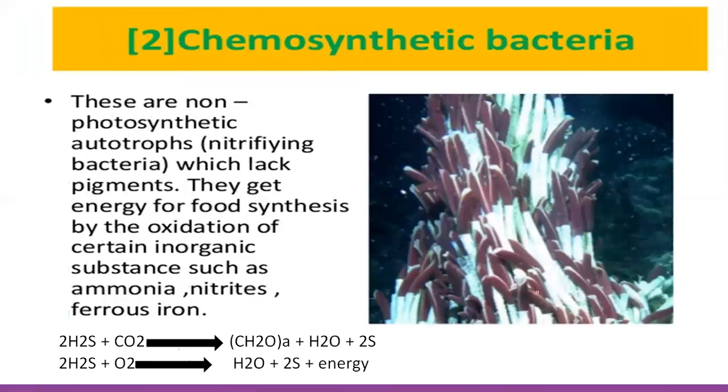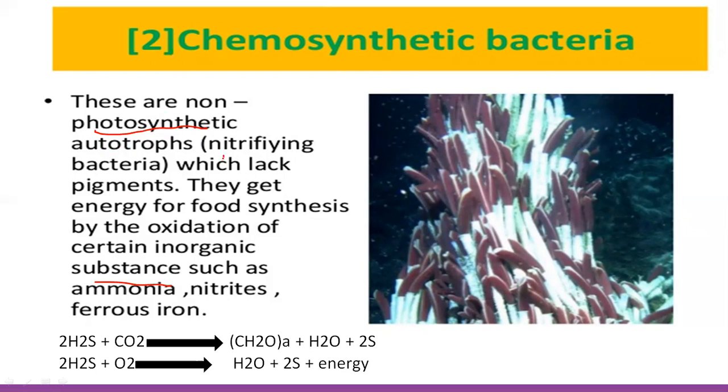Chemosynthetic bacteria are non-photosynthetic autotrophs. Non-photosynthetic means they do not prepare their food through the photosynthetic process, but they use some other inorganic substances for the production of energy for different purposes or for food synthesis.